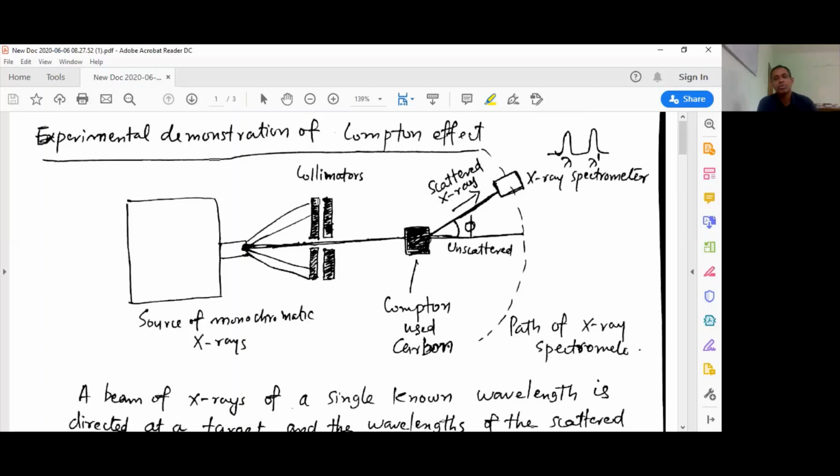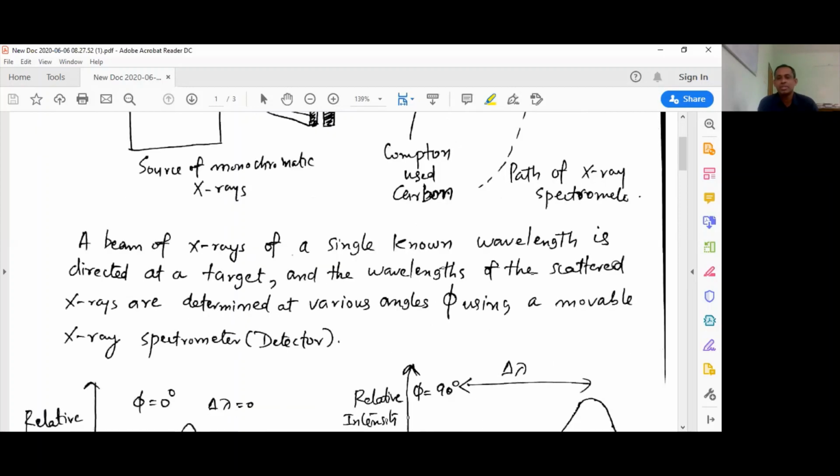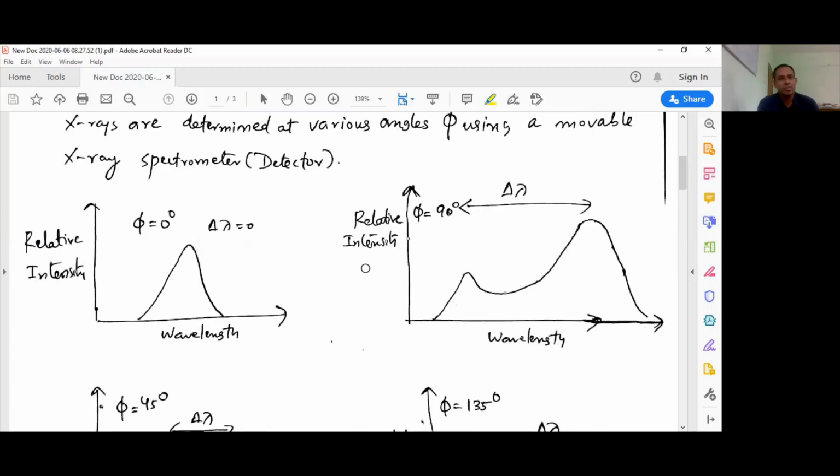While photons are scattered by these free electrons, there is a transfer of energy from photon to electron, and that's how we have less energy and a longer wavelength for the photon. We get the second peak due to the Compton effect, the scattering of photons by the free or loosely bound electrons of the atom.